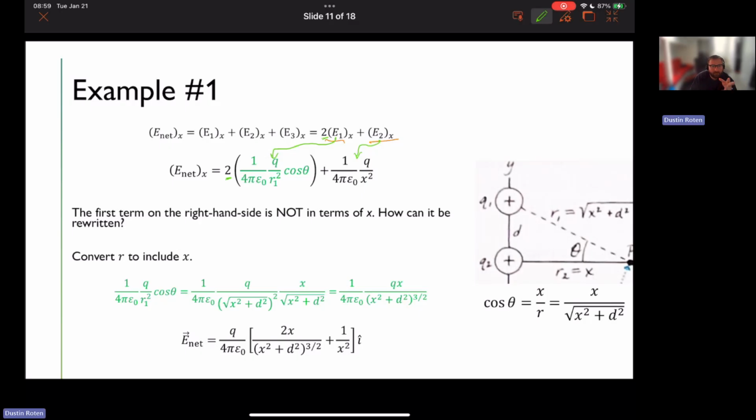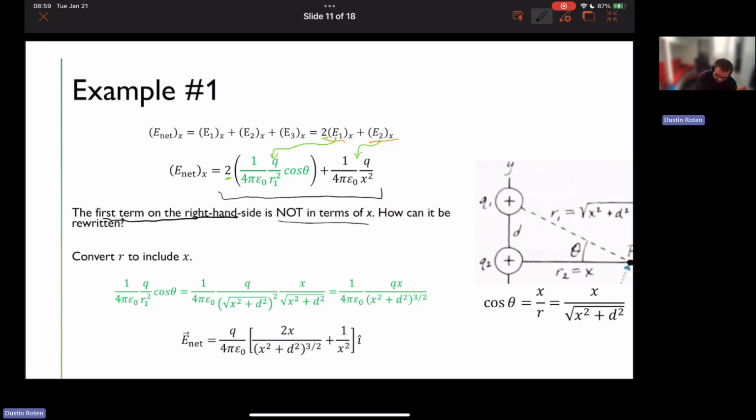Now we have an expression for our electric field, but the first term on the right-hand side is not in terms of x. So here's the problem. That first term has an r and a theta in it.